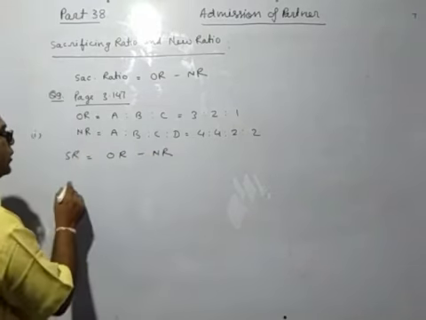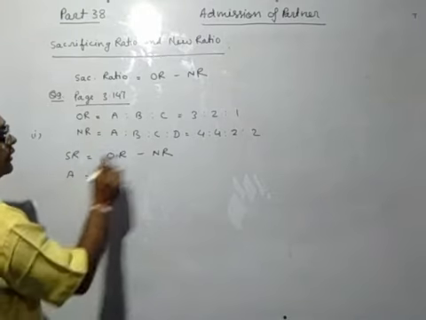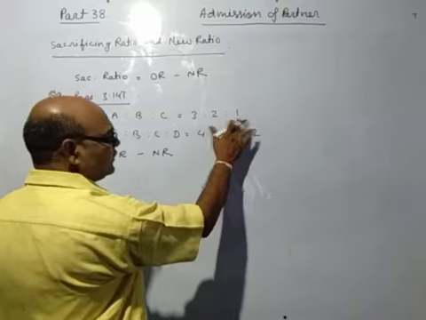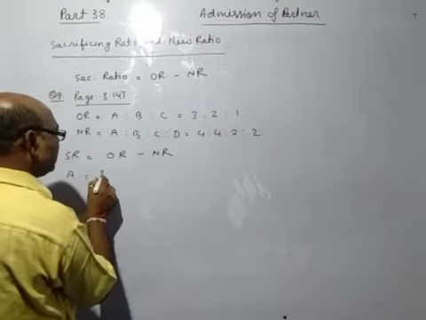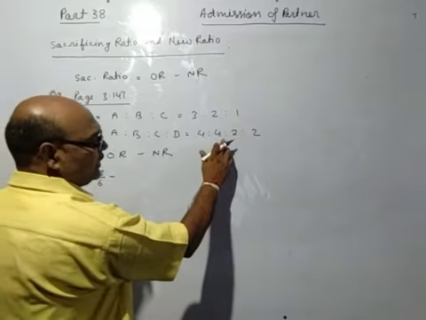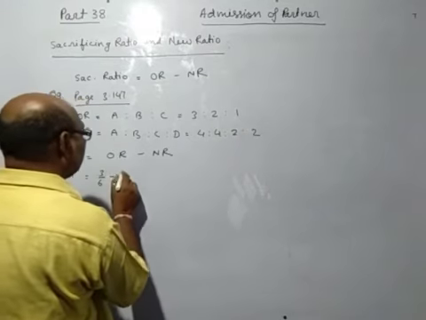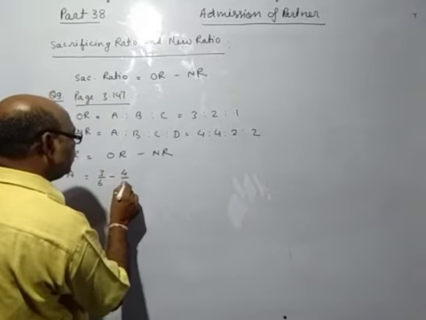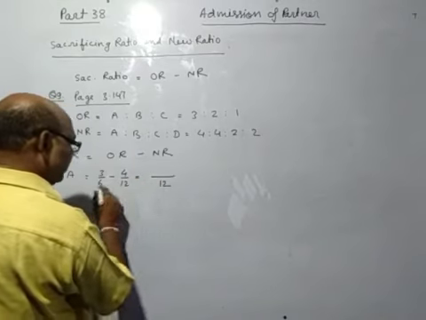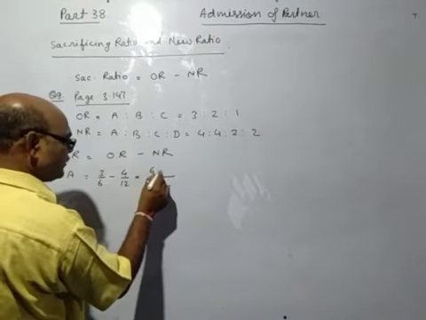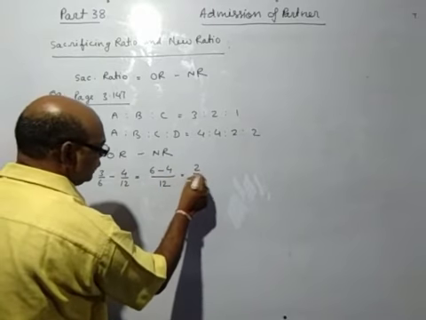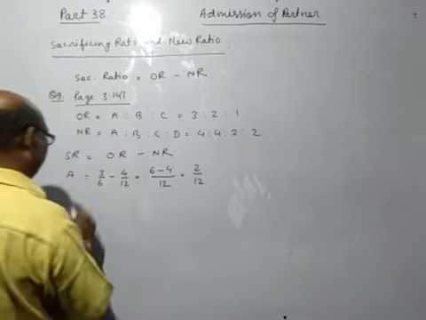Now A: old ratio 3:2:1, total 6, so A's ratio will be 3/6, and new ratio 4:2:2:4, total 12, so 4/12. LCM will become 12: 6 twos are 12, 2 threes are 6, minus 4, that is 2/12.